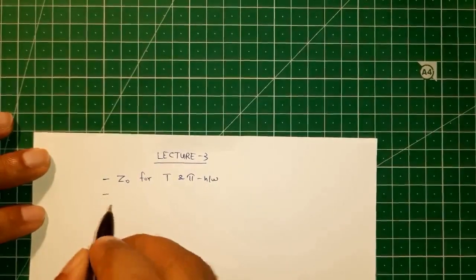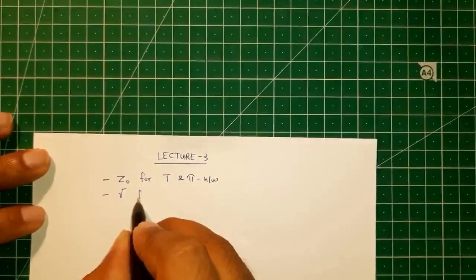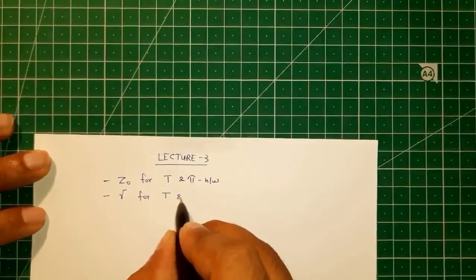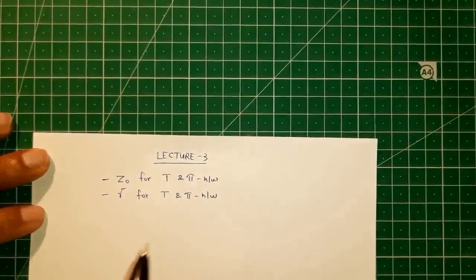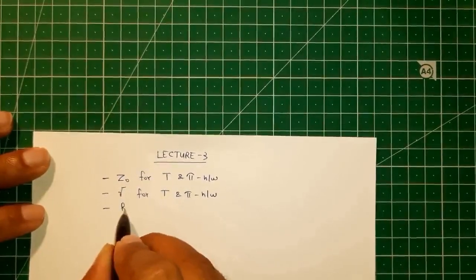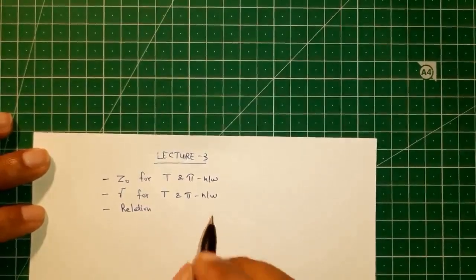Also, we'll find out the propagation constant gamma for a typical general T and pi network. Then we will try to establish a relationship between these.